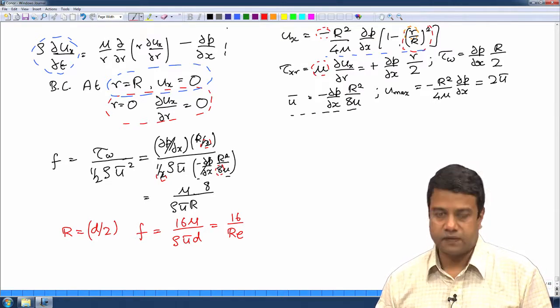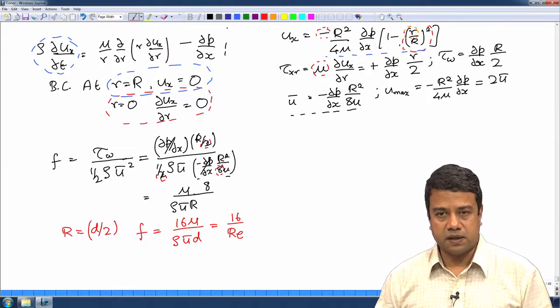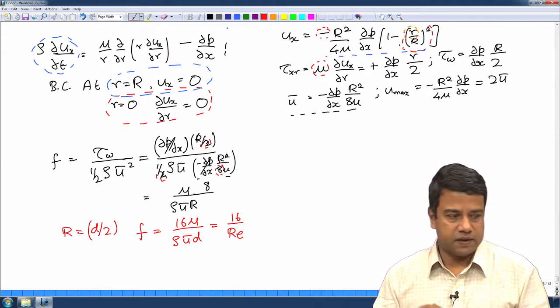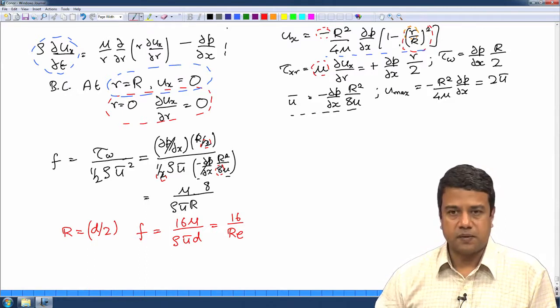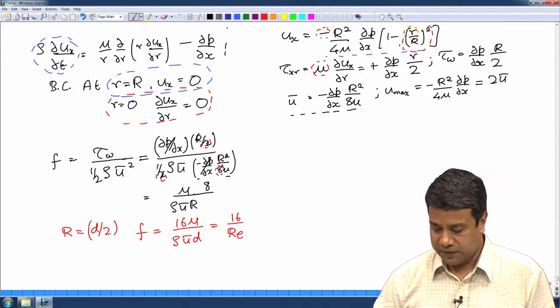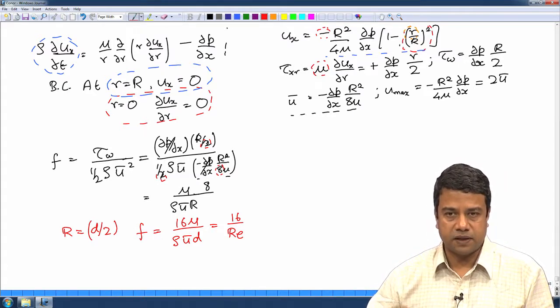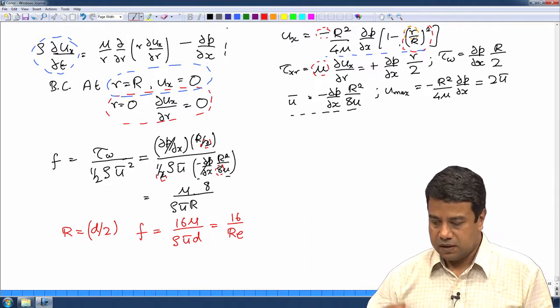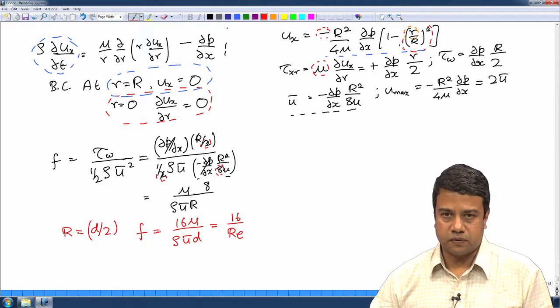The friction factor was defined as the wall shear stress scaled by the inertial scales. I told you in the very first lecture that whenever we define friction factor, it is scaled by the inertial scales. Therefore, we had defined the friction factor as the wall shear stress divided by the inertial scales. We had calculated explicitly the velocity profile everywhere in the flow.